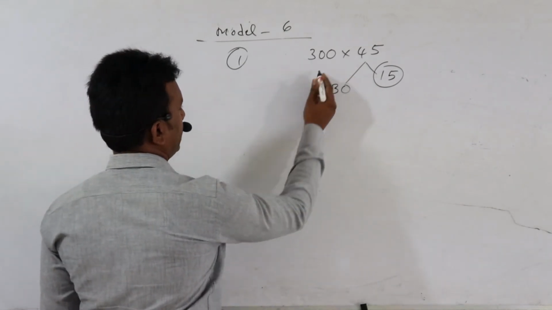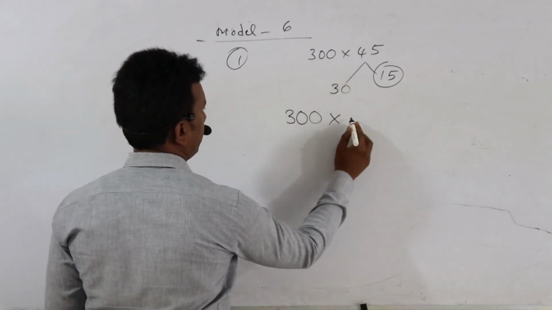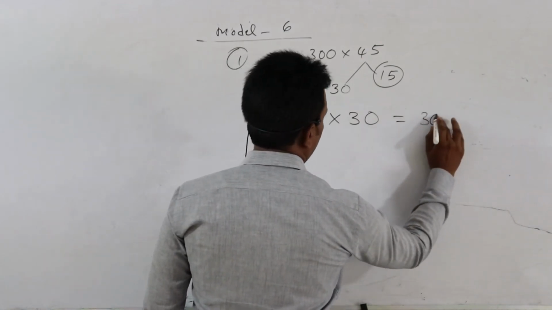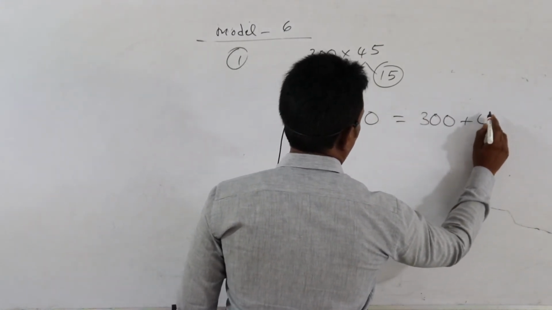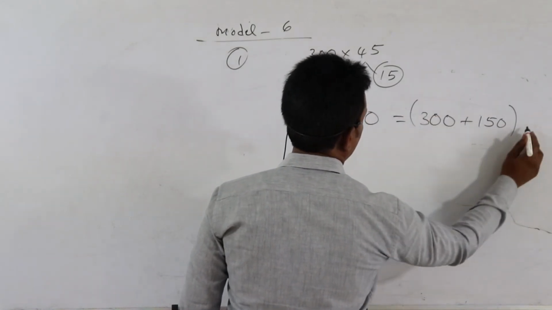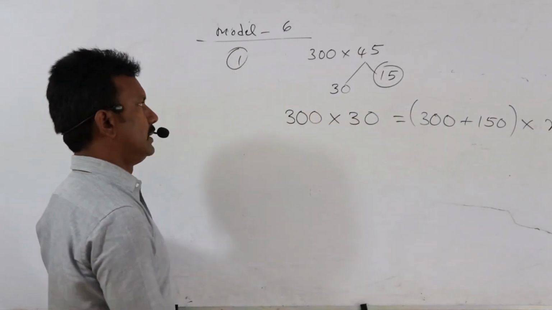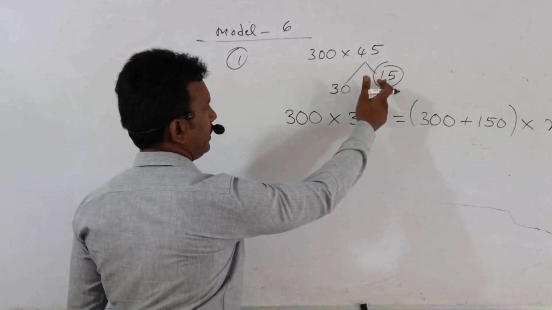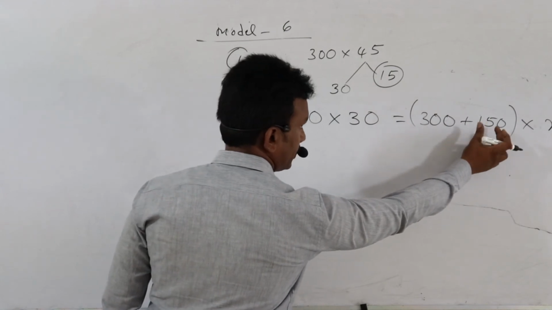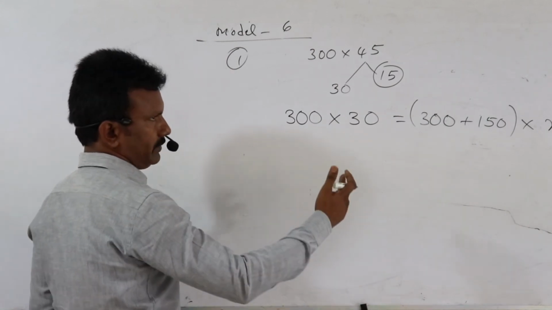So we write the simple condition: the food for 300 students for the remaining 30 days will be shared among 300 and the newly joined 150 students. For how many days will the food last?